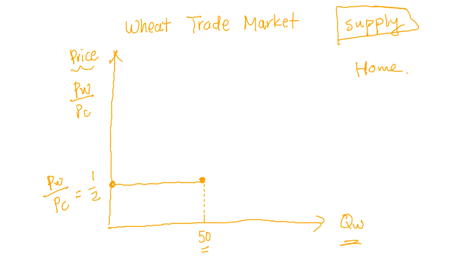And this is calculated from the home country's marginal productivity of labor in wheat. Right? So this part means they will export the wheat under this price.